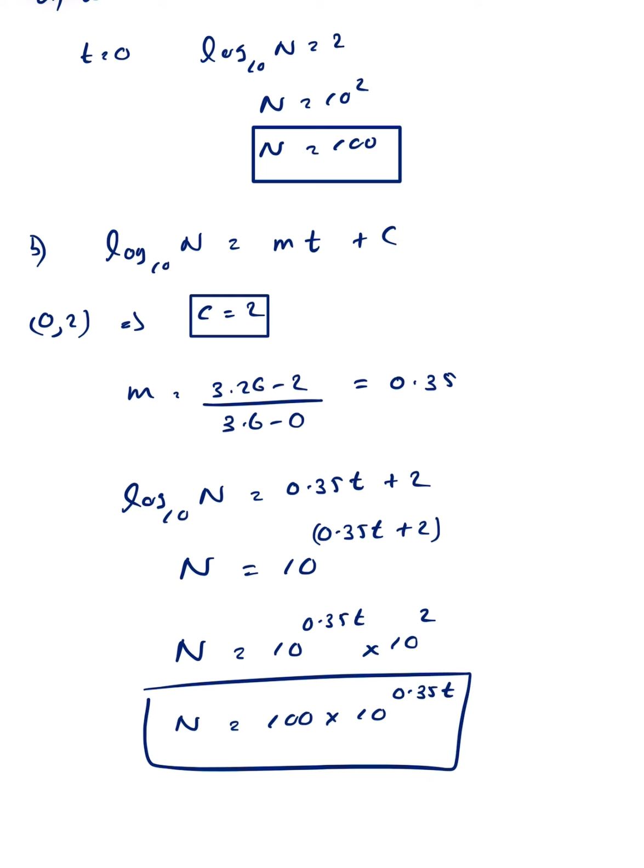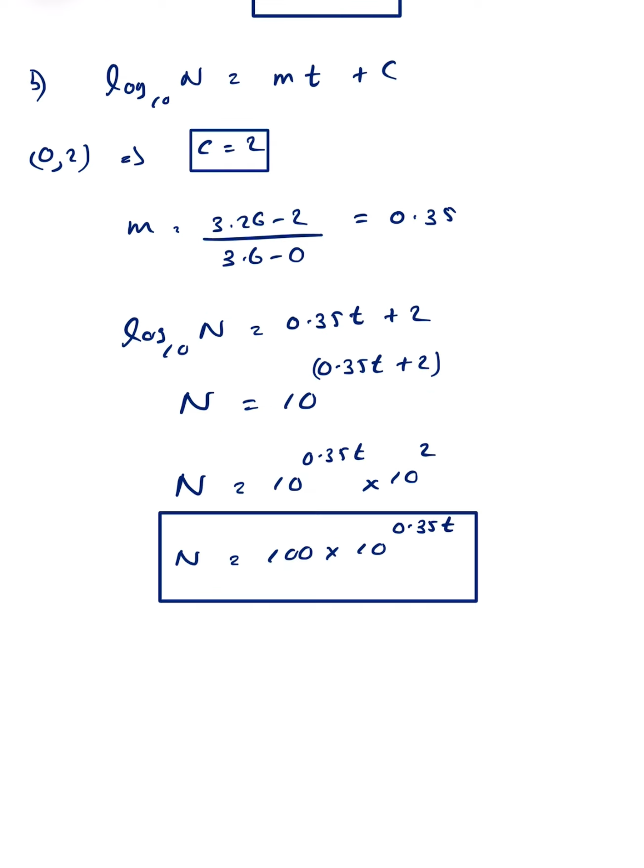Now this is in the form of n equals a b to the power of t. So we need to do a small adjustment, because a is 100, but b to the power of t means you should have n equals 100 times 10 to the power of 0.35, whole thing to the power of t.